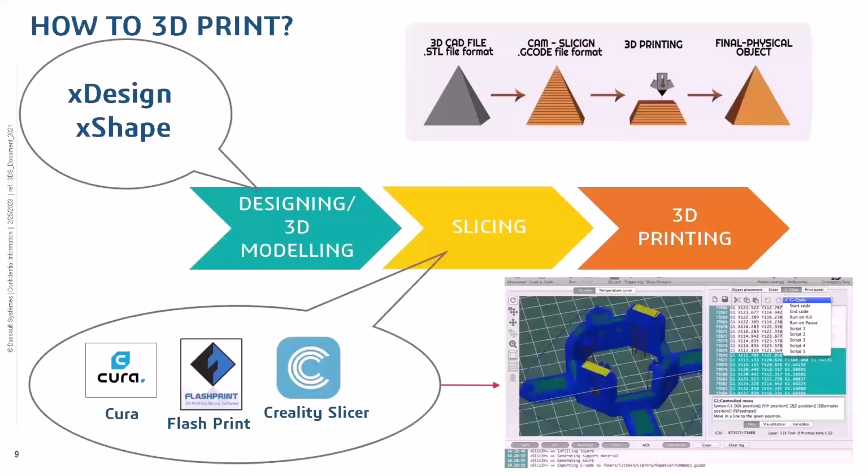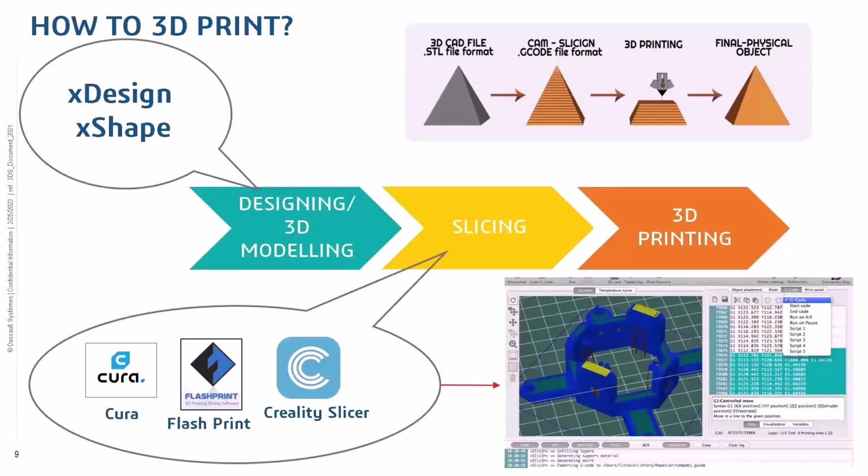So how do you actually 3D print? If you have a certain object, how will you go about manufacturing it using a 3D printer? 3D printing involves three basic steps. The very first is 3D modeling, for which there are CAD softwares like XDesign and XShape. You all must be familiar with XDesign and XShape by now. The next process is slicing.